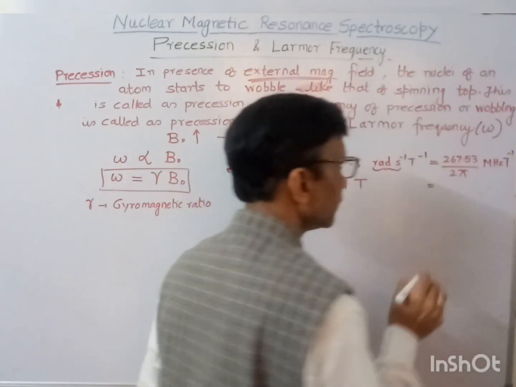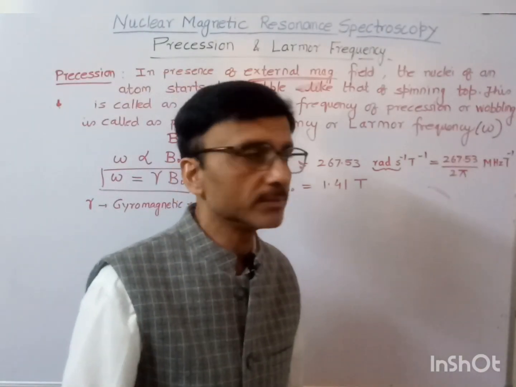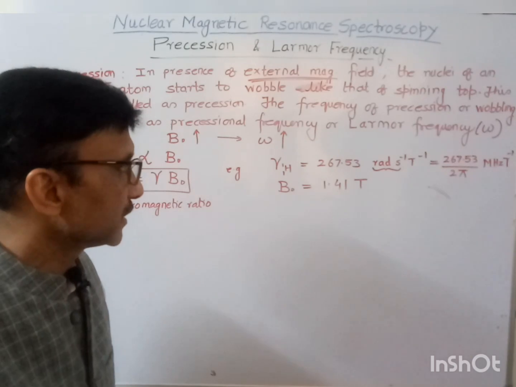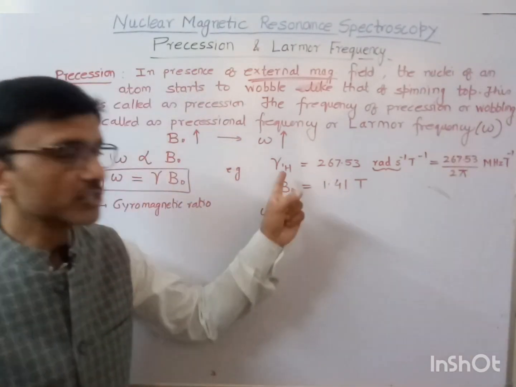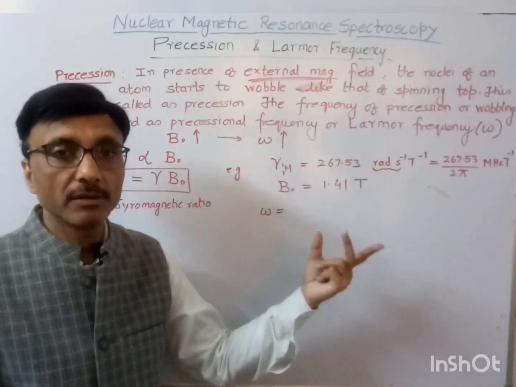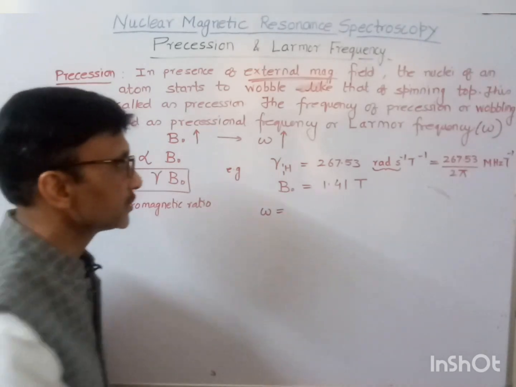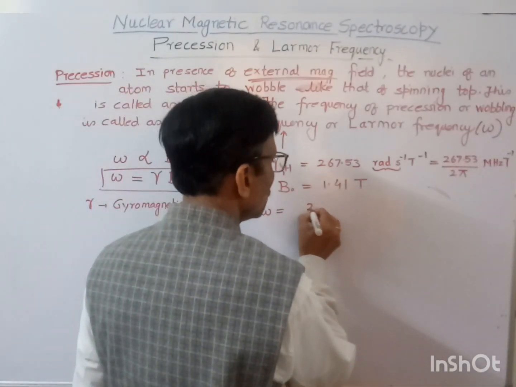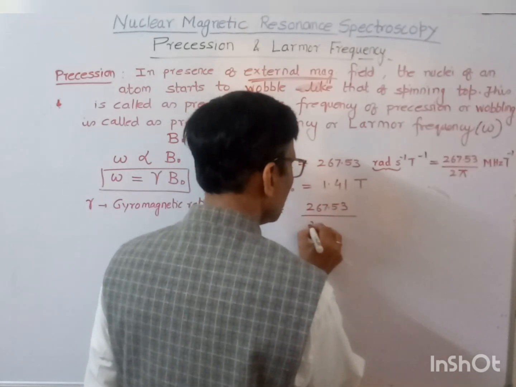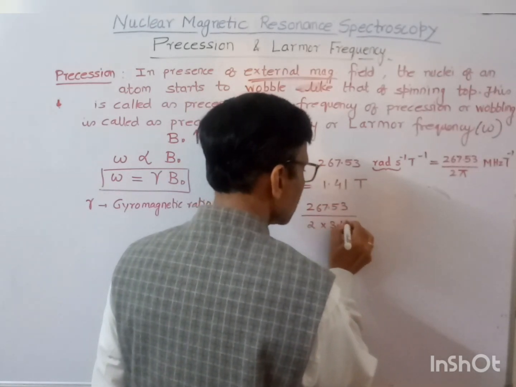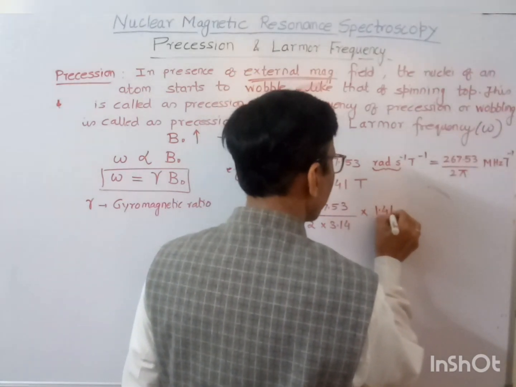And suppose if we multiply it, then we will get this value in terms of megahertz per Tesla. Now, omega for this proton, if we are studying the proton NMR, this omega value will come out to be 267.53 divided by 2 multiplied by 3.14, the value of pi, multiplied by 1.41 Tesla.